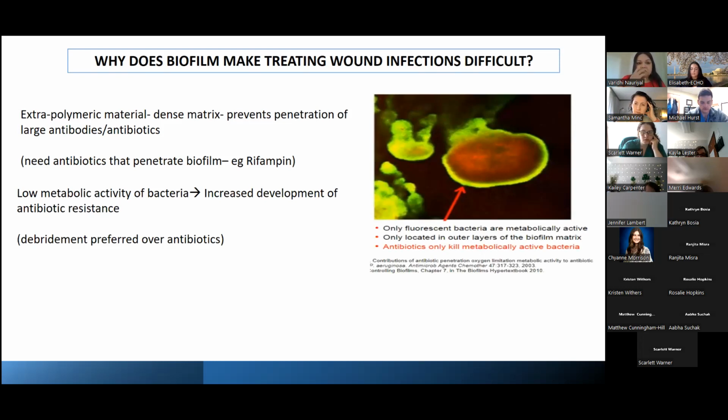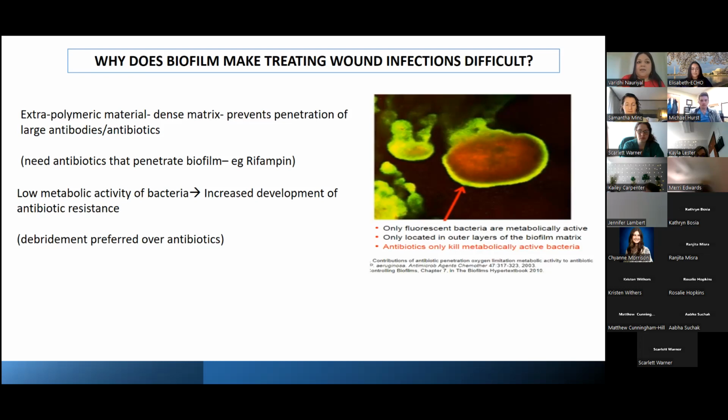This is an interesting concept about what the shield does to the bacteria that is underneath it. For any antibiotic to work and be bactericidal, you need the bacteria to be replicating, so you need them to be in an active stage of replication. Once they're under this biofilm, the bacteria tend to go into what we call a dormant phase, and they have low metabolic activity.